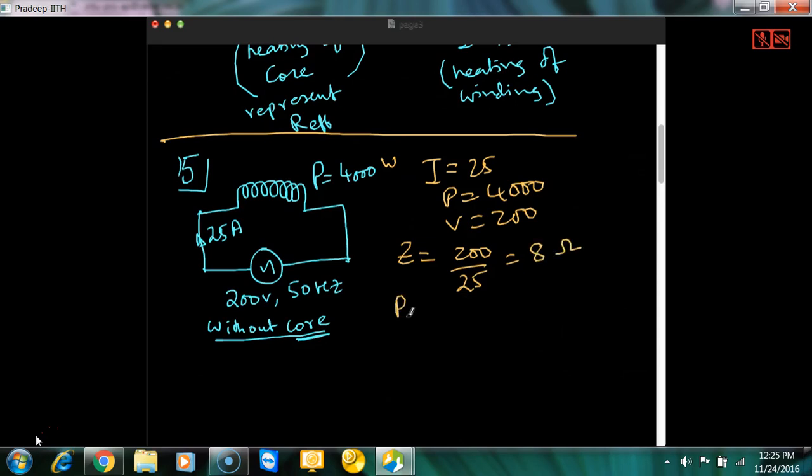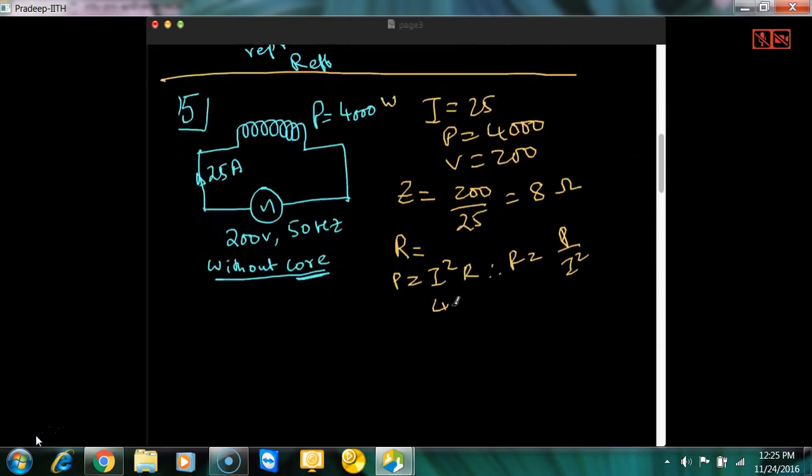Next I'll calculate the resistance. Okay. How to calculate the resistance? Nothing but I square R. So P is nothing but I square R. Therefore R is nothing but P by I square. So R equal to 4,000 divided by 25 square. Okay. So how much is that?